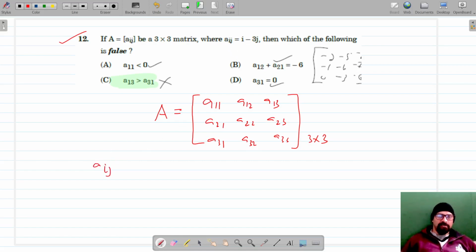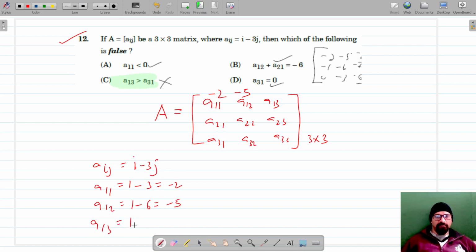The first one is A11, and this is the formula: Aij is equal to i minus 3j. For A11 this is 1 minus 3, which is equal to -2. Similarly, A12 is 1 minus 3 times 2, which is 6, giving -5. Let's get A13: 1 minus 3 times 3, which is 9, giving negative 8.